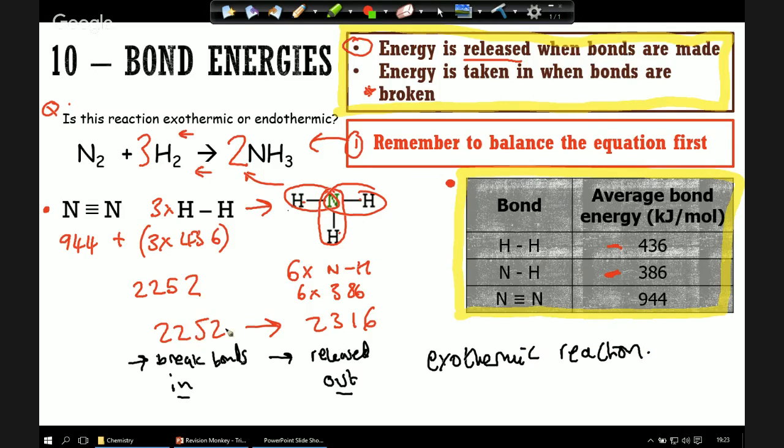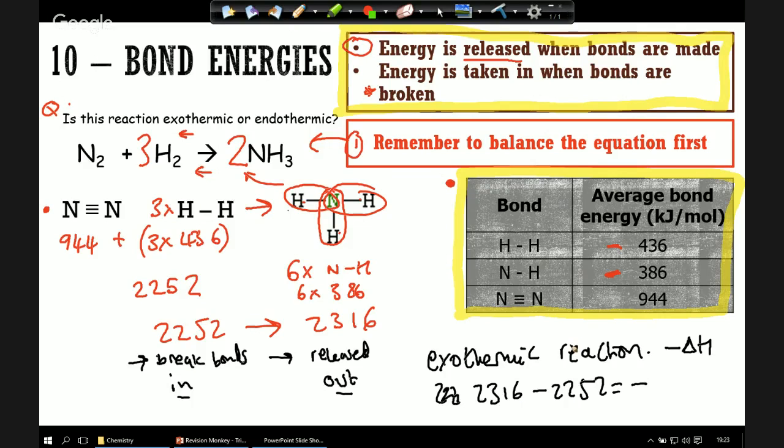And actually, if you take 2316 away from 2252, you will have a negative energy change, which from our graphs before will tell us that a negative energy change is an exothermic reaction. So you might have done that extra step as well to do 2316 minus 2252.